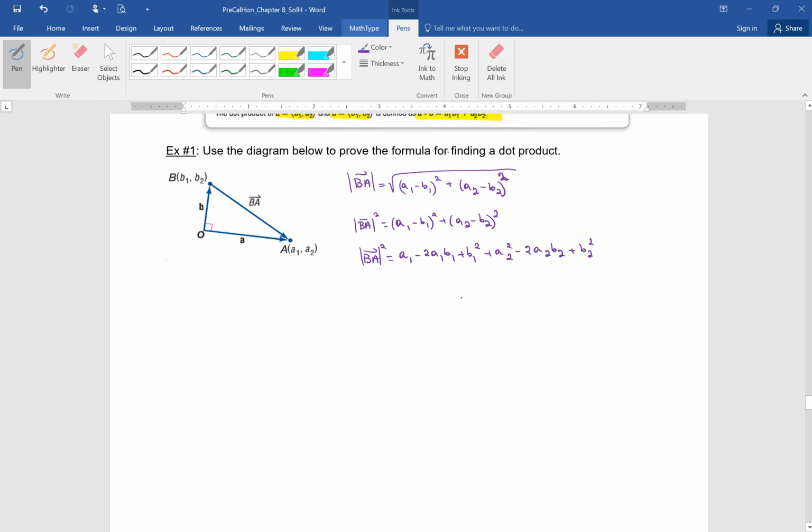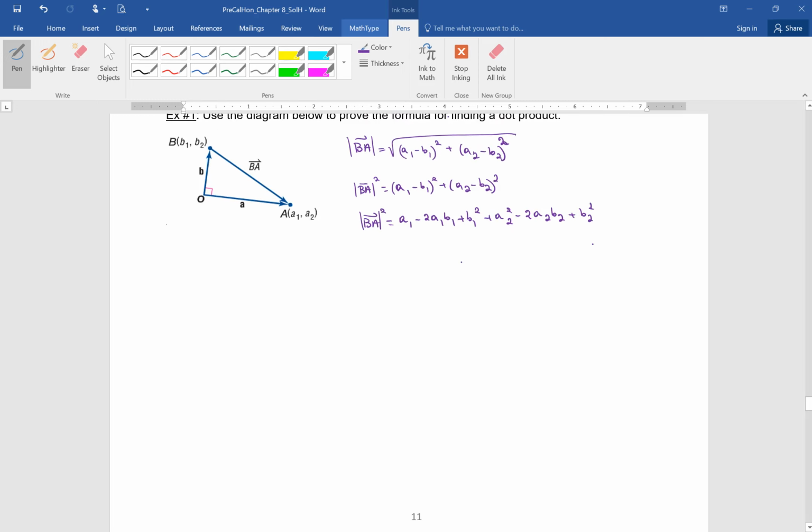I'm foiling. A plus B squared is A squared plus 2AB plus B squared. Okay, now what I'm going to do is collect like terms. So let's collect these terms. A1 squared plus A2 squared. Why am I combining that way? I'll tell you in a minute.